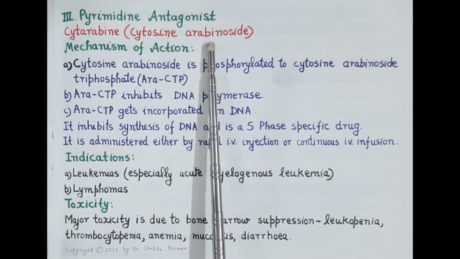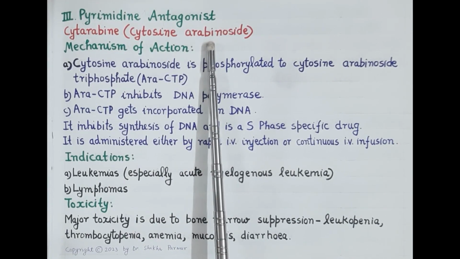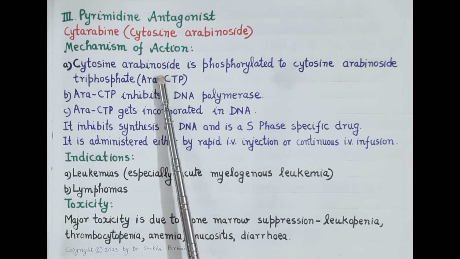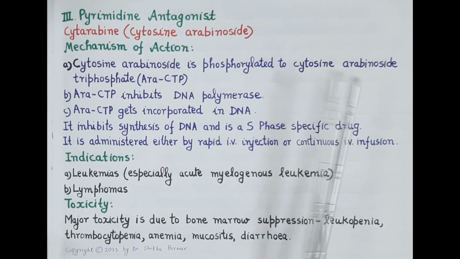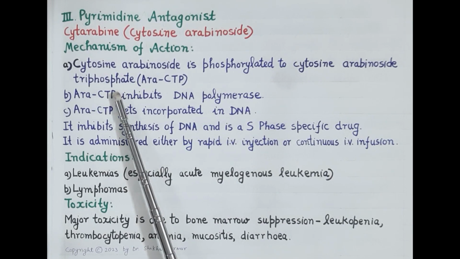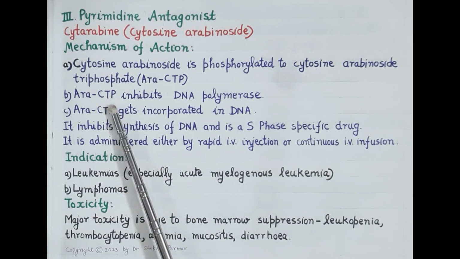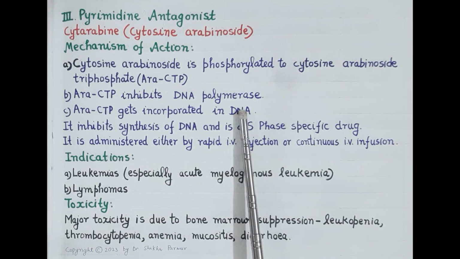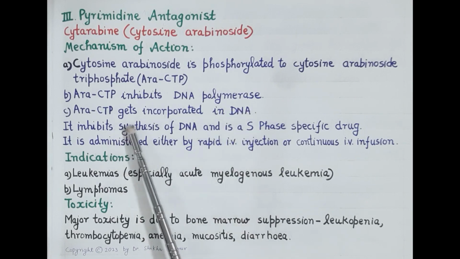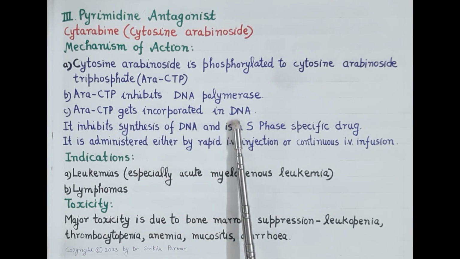Cytarabine is cytosine arabinoside. Now, in the cell, cytosine arabinoside is phosphorylated to cytosine arabinoside triphosphate. On one hand, this cytosine arabinoside triphosphate inhibits the enzyme DNA polymerase, while on the other side, cytosine arabinoside triphosphate also gets incorporated in the DNA.